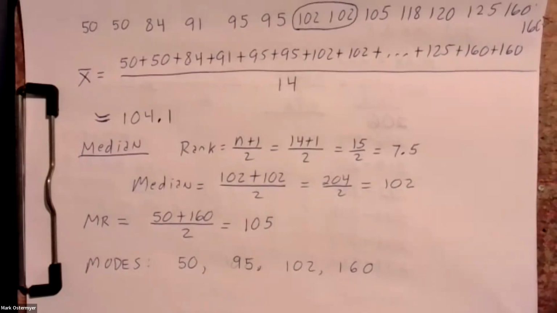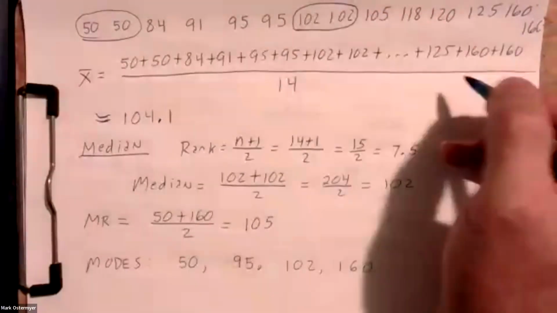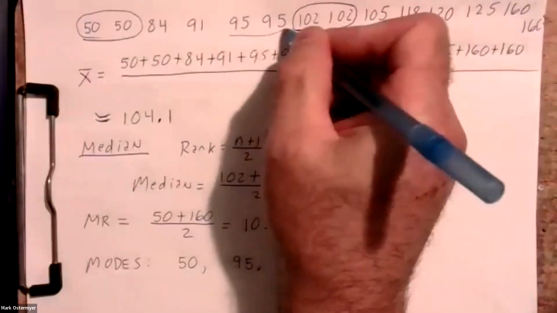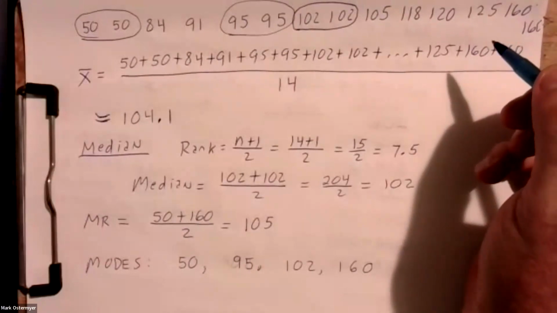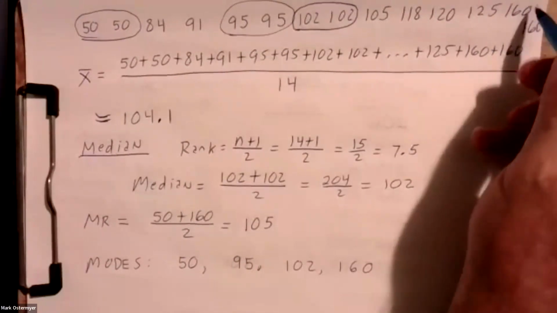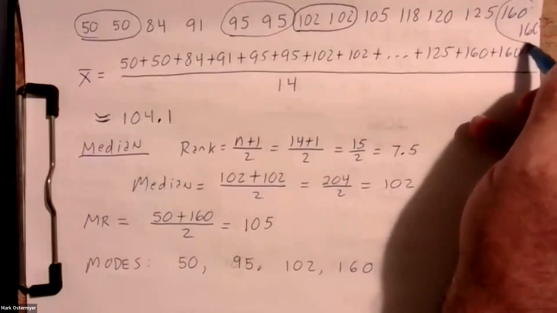Modes. What do we get for the modes? Well, the modes are the most frequently occurring data point or points in the data set. 50 occurs twice. Do you agree? 95 occurs twice. 102 occurs twice. And doesn't 160 occur twice?